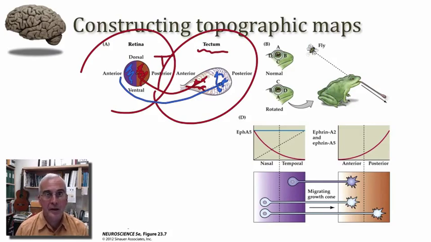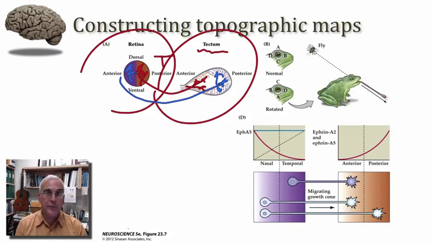Now, unlike mammals, in many amphibians, if you destroy the optic nerve, it will actually regrow into the brain. And what was done in this experiment is that the eye was surgically rotated and then reattached. And after some time, the axons that were cut in the optic nerve were able to regenerate and reinnervate the brain.